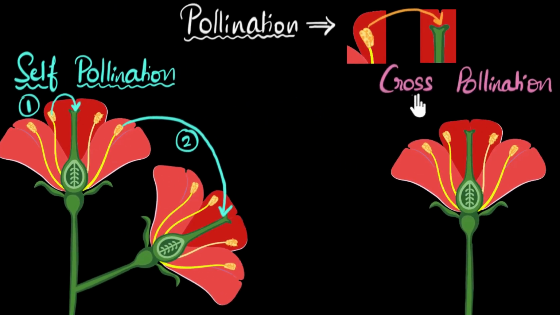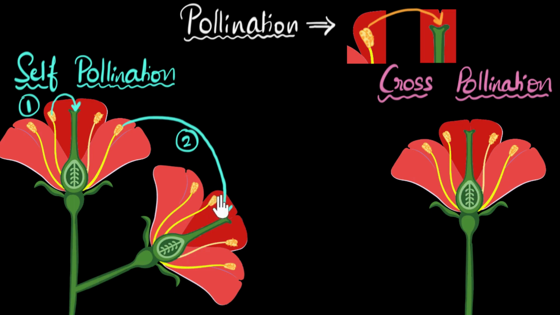On the other hand, what do you think is cross-pollination? Can you guess that now? Well, cross-pollination is transfer of pollen grains from one flower to a flower of a different plant or a different tree.